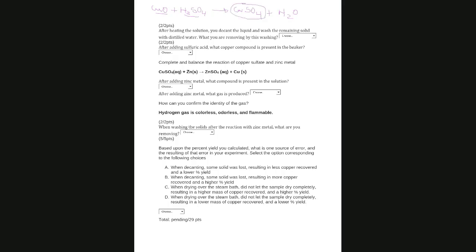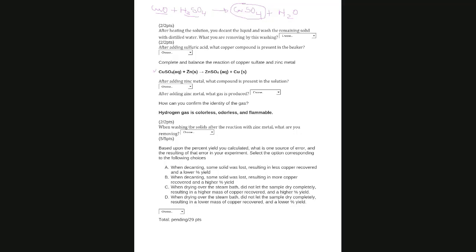Very good. Then to complete the balanced equations, you have all the balanced equations. And then they ask you, after adding zinc, what compound is present in the solution? You have the reaction here.